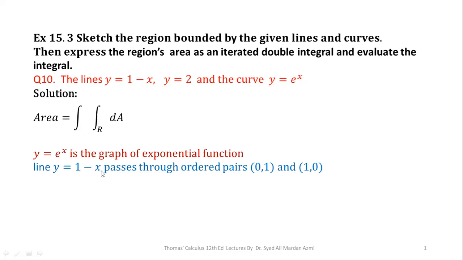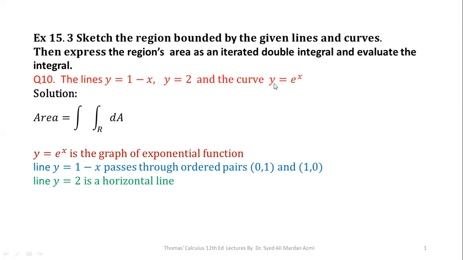If you put x equal to 1, you will get y equal to 0. In order to plot a straight line other than horizontal and vertical line, we need at least two ordered pairs lying on that particular line, so that we can join the ordered pairs and extend the line. Y equal to 2 is a horizontal line which passes a point where the value of y is 2 along y-axis.